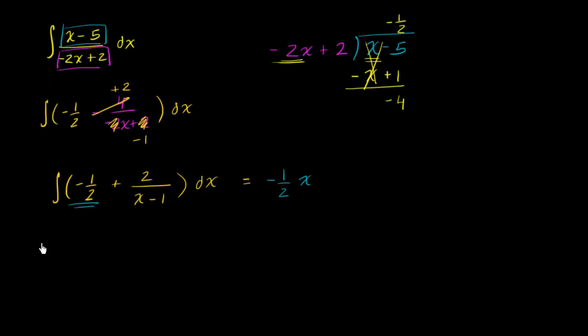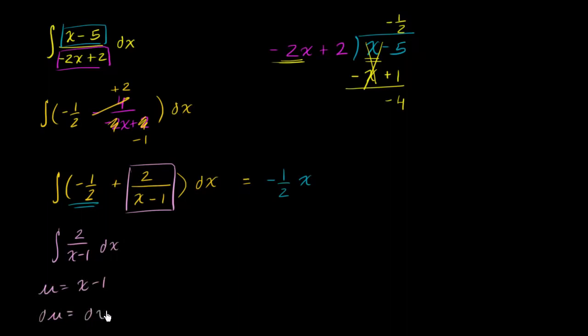If I were just trying to evaluate the integral of 2 over x minus 1 dx, I could see that the derivative of x minus 1 is just 1. So I could say u is equal to x minus 1, and then du is going to be equal to dx.